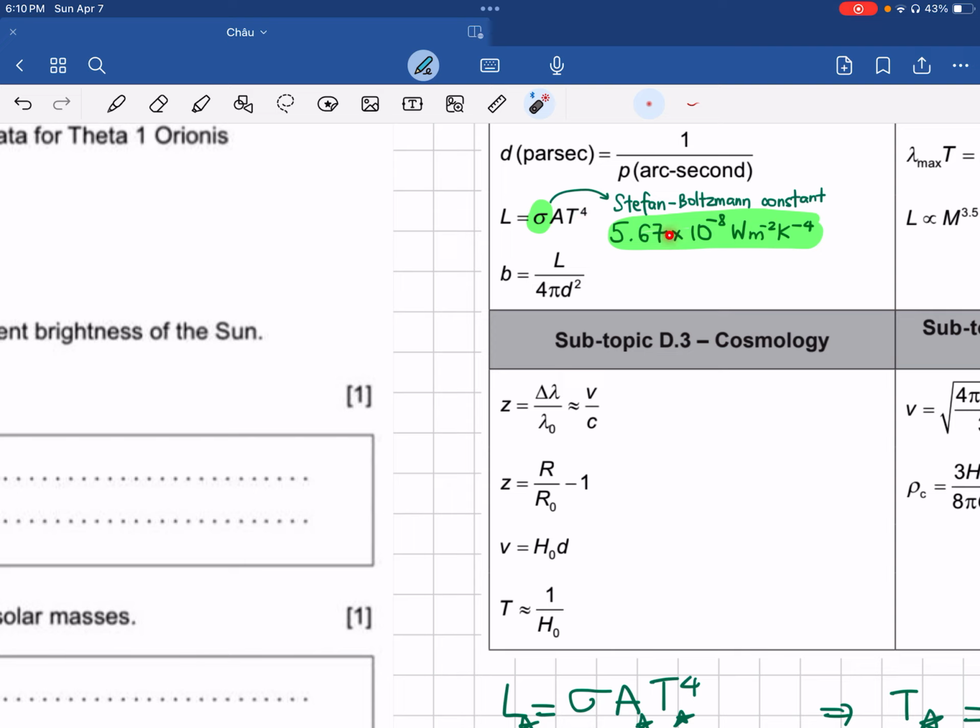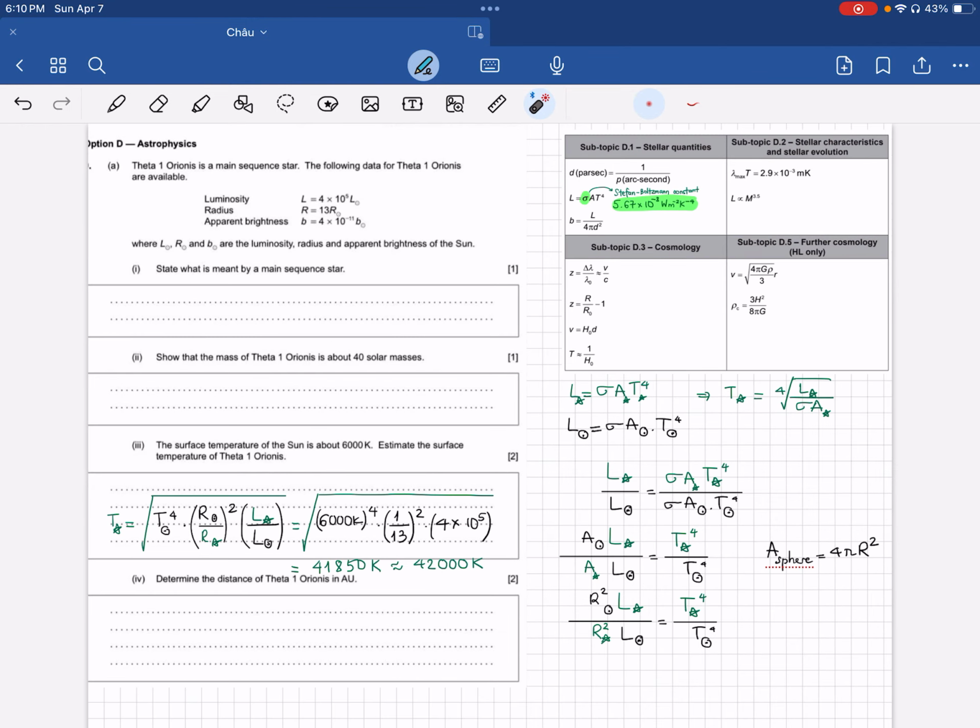The unit of this constant is watt times meter to the -2 and Kelvin to the -4, so the units cancel out. Luminosity is basically just a power, and each unit is watt.